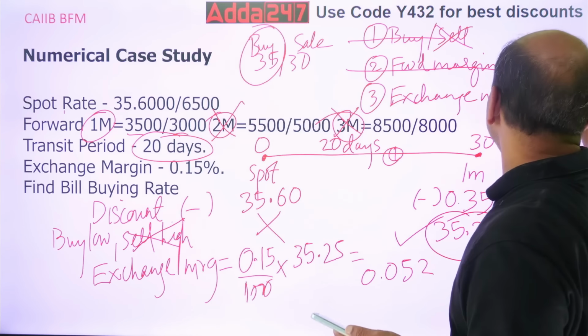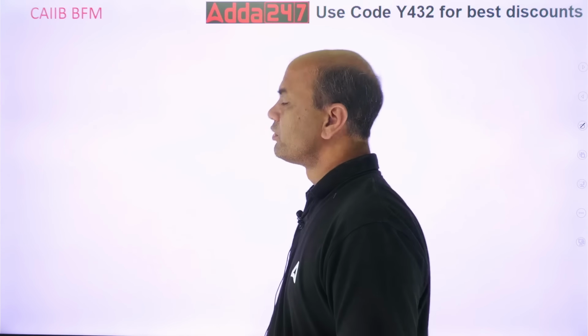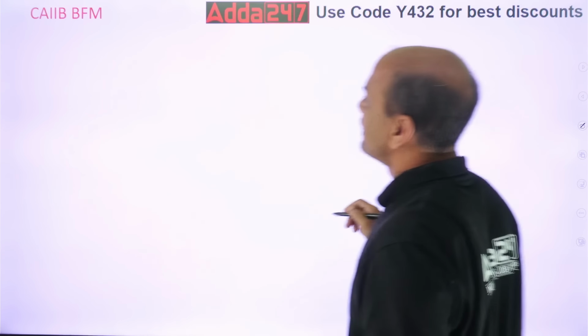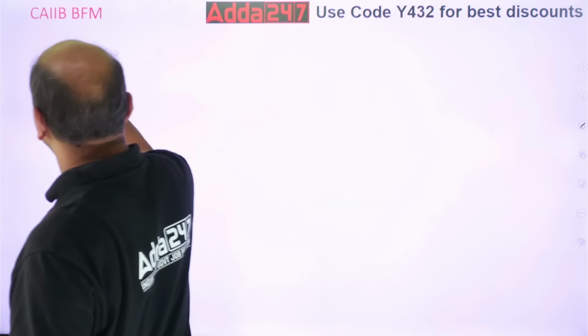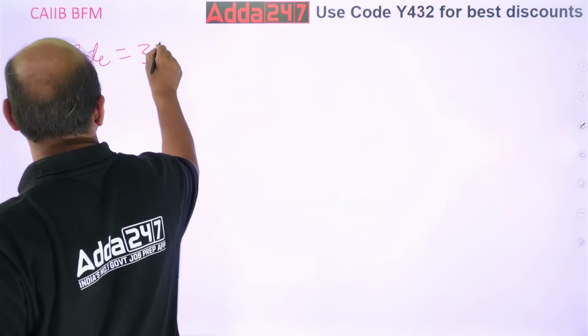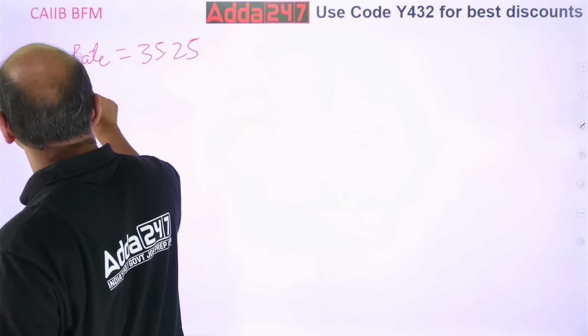So now, do we have the page? Yes, we have the page. Now TT margin is, see this. What was my rate? Rate was 35.25. And what was the TT margin?